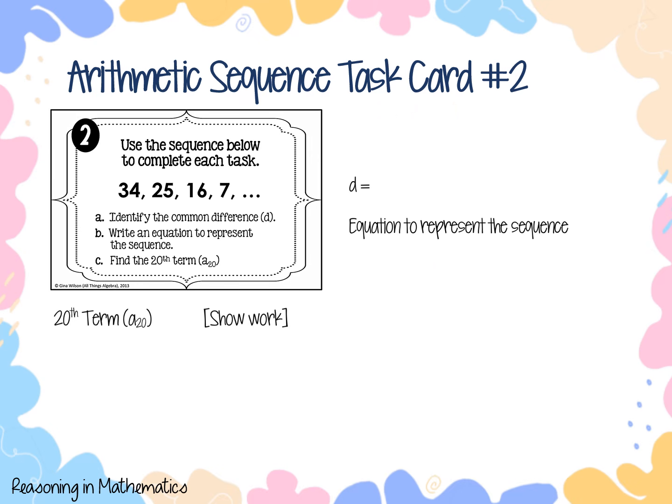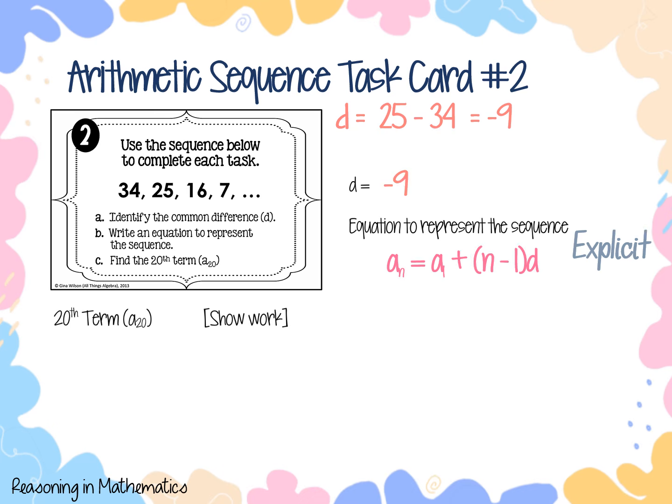Task card number 2, same directions, different sequence. This time it is 34, 25, 16, and 7. To find the common difference, 25 minus 34, negative 9 is our common difference. We're going to do an explicit formula. There's our general form.